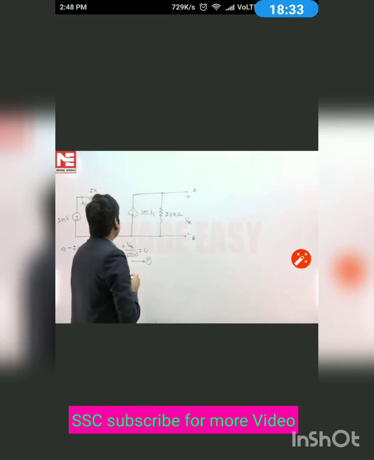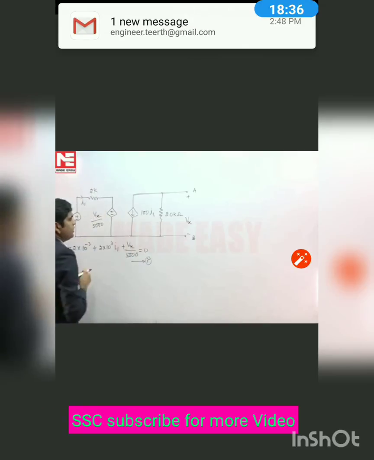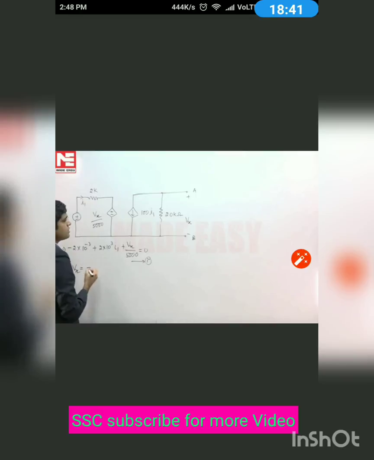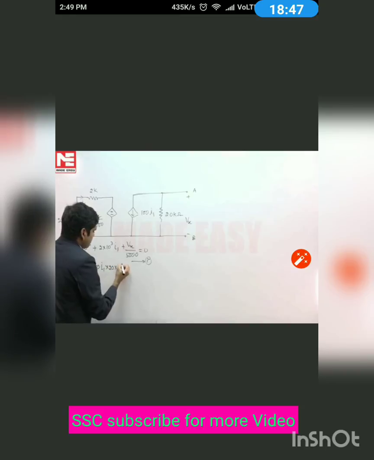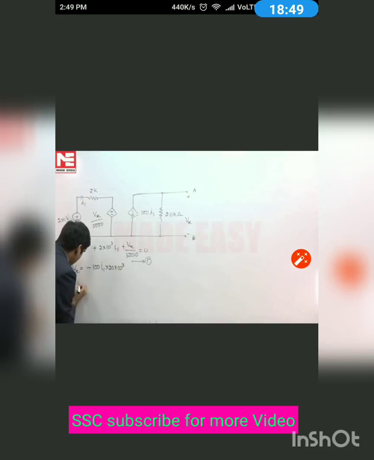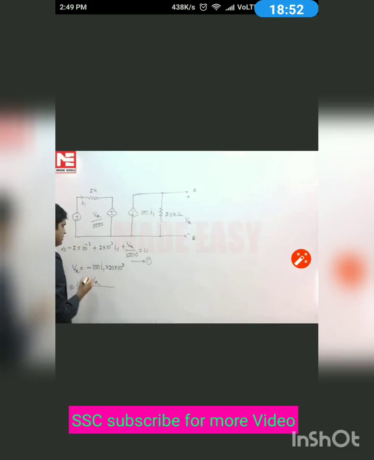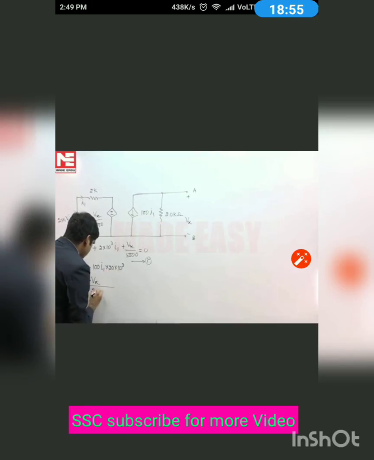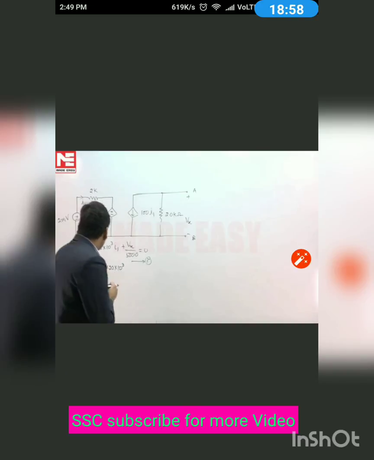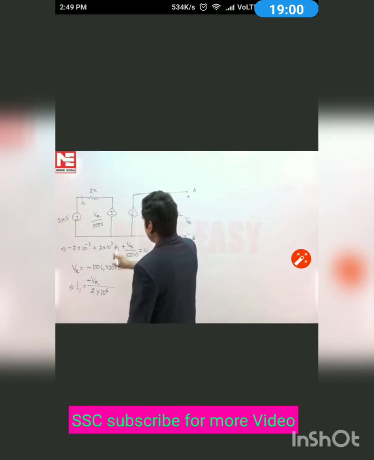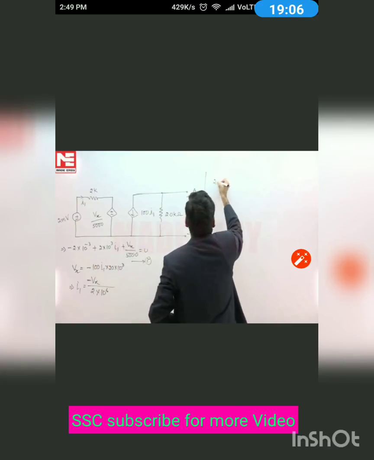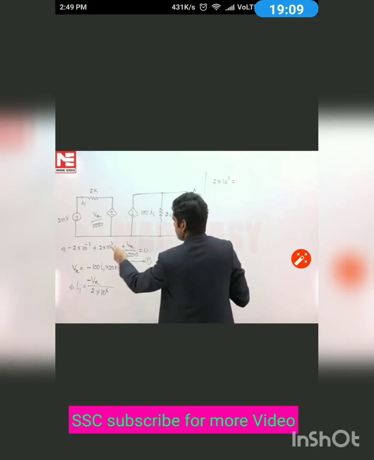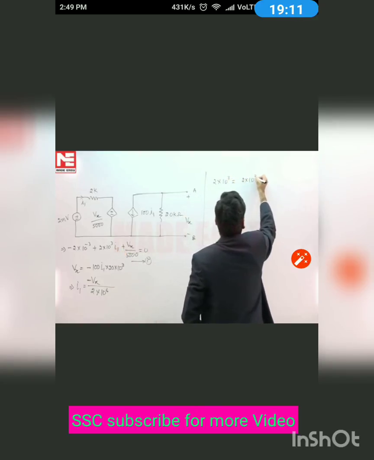If we apply KVL here, so Vx can be written as, from this, Vx will be equal to minus 100 I1 into 20 into 10 to the power 3. So we can calculate I1 is equal to Vx minus sign and 2 into 10 to the power 6. Now we can calculate Vx value by putting this into equation 1. So we have minus sign this side, so it is 2 into 10 to the power 3 into I1.